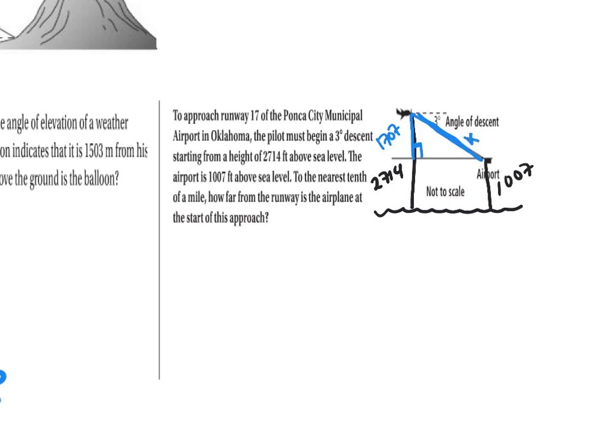Based on what we remember about parallel lines and transversals, we know that the angle right there is 3 degrees. So if we were to redraw our triangle based on the information that we were given, this is 1,707, and that's 3 degrees. Based on the angle, we're given the opposite side and the hypotenuse.